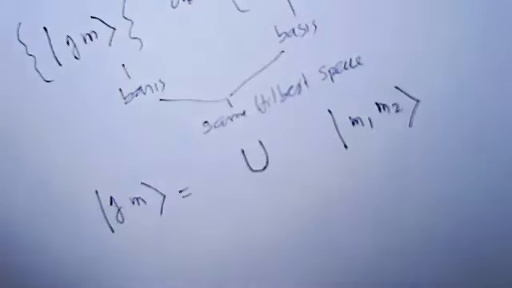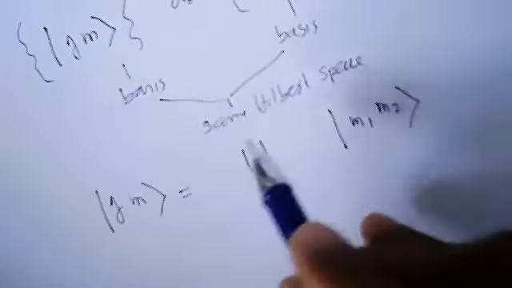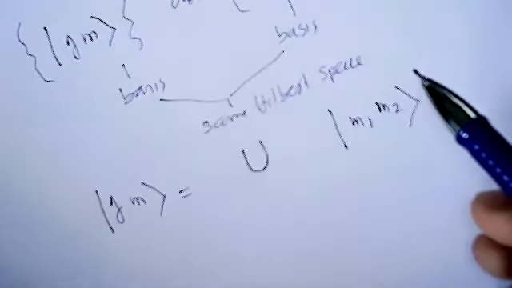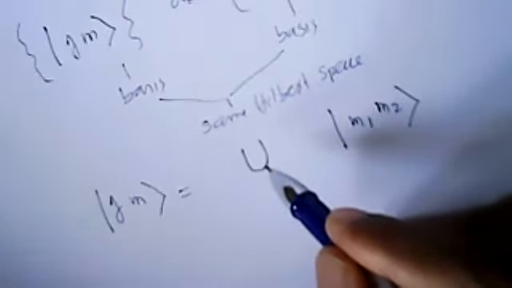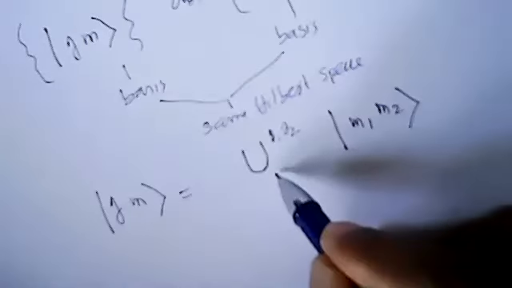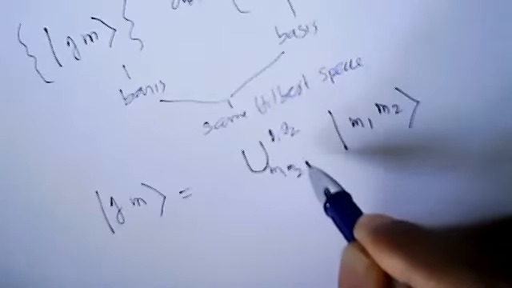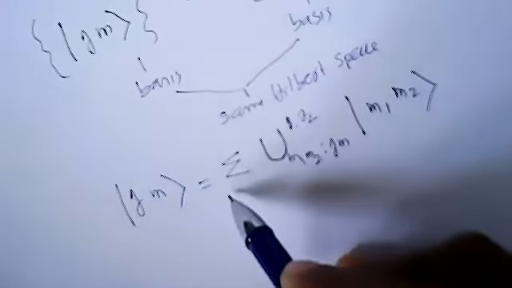This capital U actually depends on these 6 operators, or their eigenvalues. So all these 6 eigenvalues we have to write as the indices or members of this unitary operator. So that is J1, J2, M1, M2 colon J, M. Also it should be summed over M1 and M2.